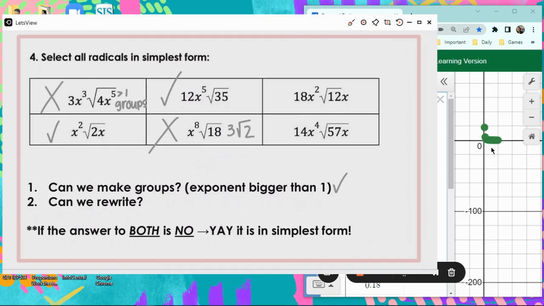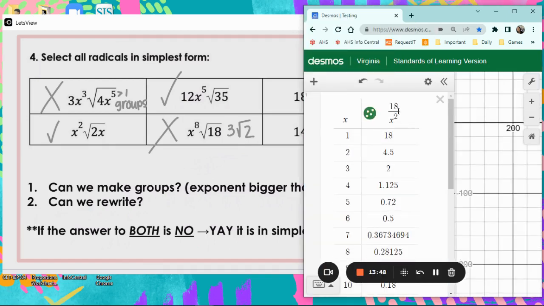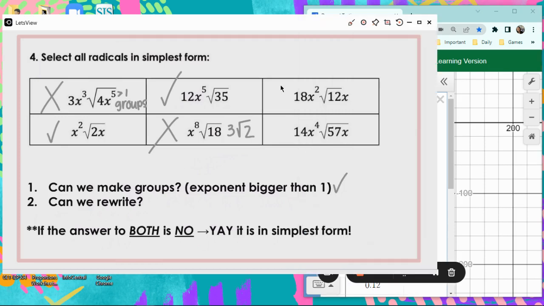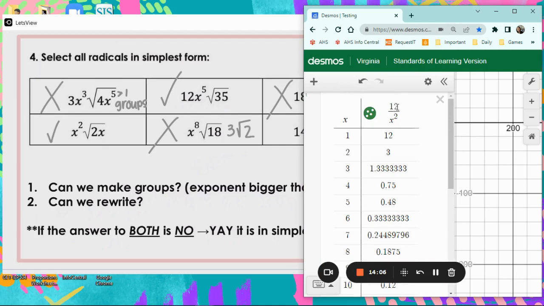All right, last 2. I have a 12 on the inside. Let's see if we can rewrite that one. Yep, can rewrite that one. I have no decimals right here at 2 and 3. That would become 2 root 3. I don't like that. And then our last one is 57.